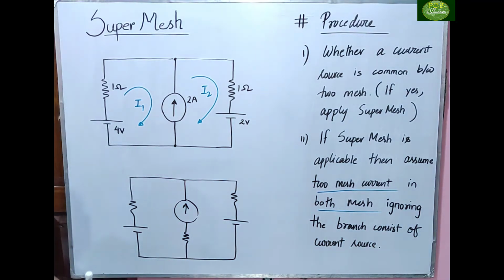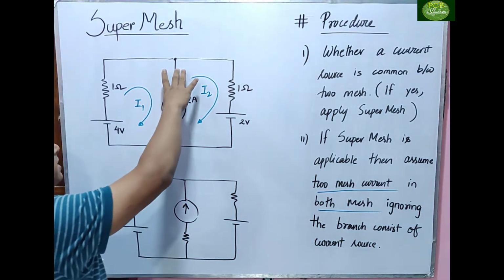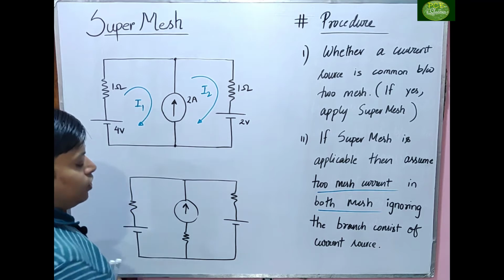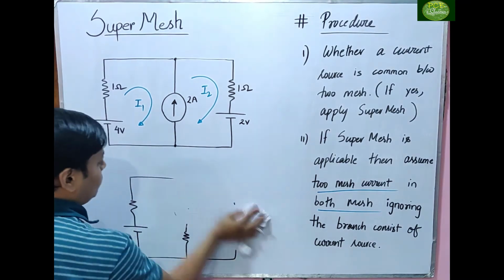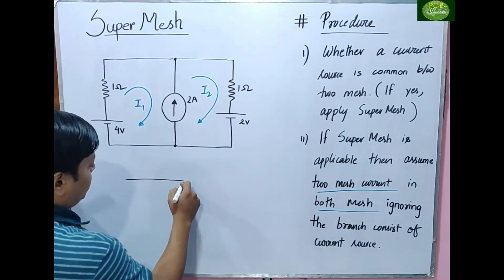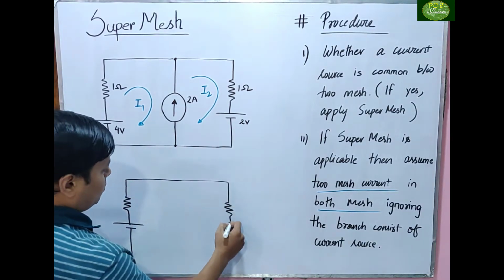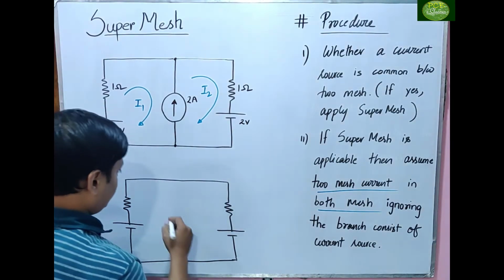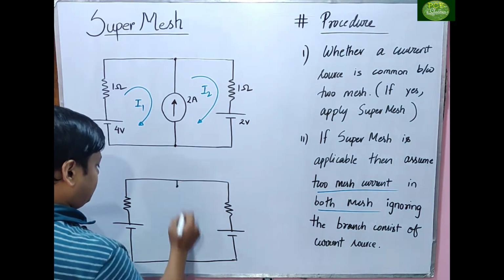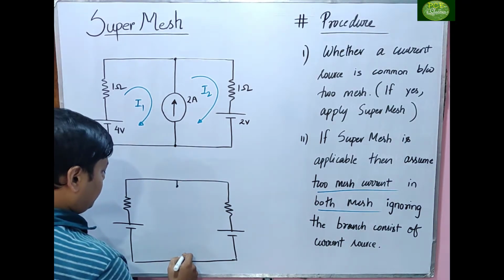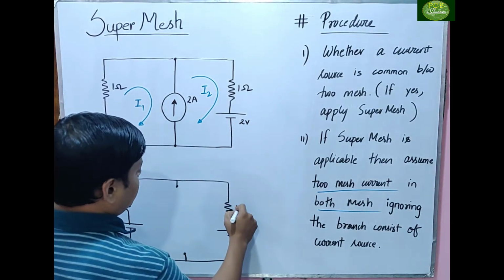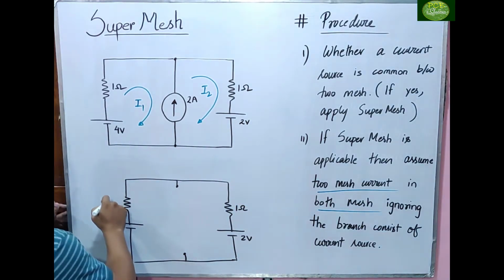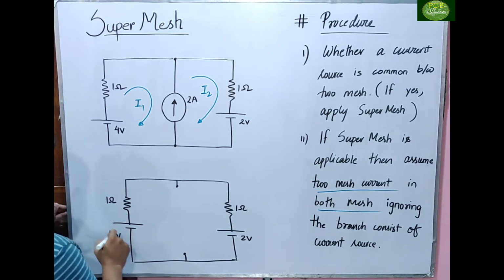That means I will ignore this branch which consists of 2 ampere. This part I am ignoring, where the 2 ampere was present. So it is 1 ohm, 1 ohm, 4 volt.